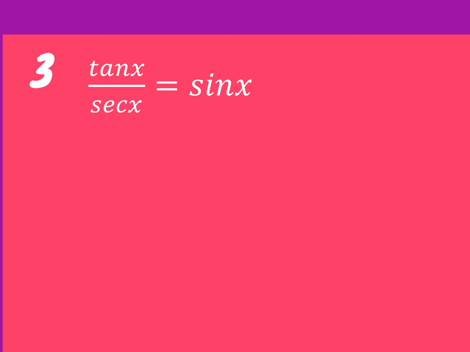All right, I'm going to challenge somebody from home to speak up. So somebody from home, tell me what's one thing you could change in this. Change the tan to sine over cosine. Okay.